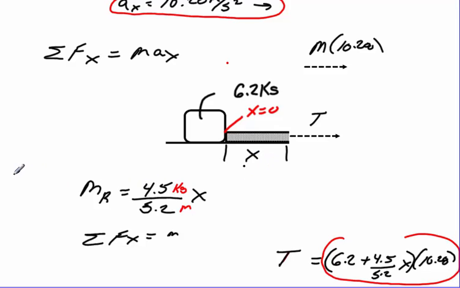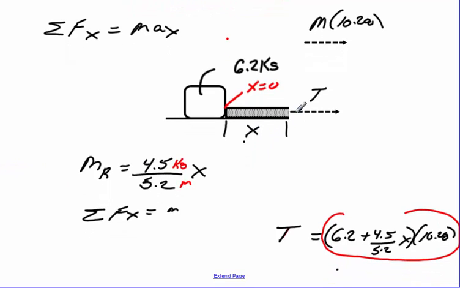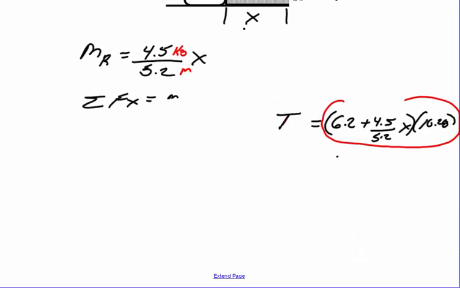So all I have to do then is say that the tension being applied equals mass times acceleration, and the mass is going to be 6.2 plus 4.5 divided by 5.2 times some x distance. Now all you have to do is solve. I'll take 6.2 times 10.28, the acceleration.